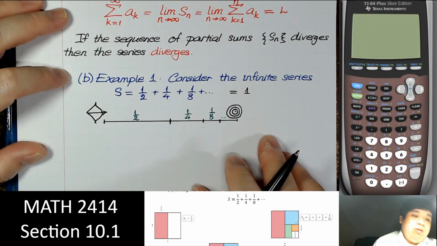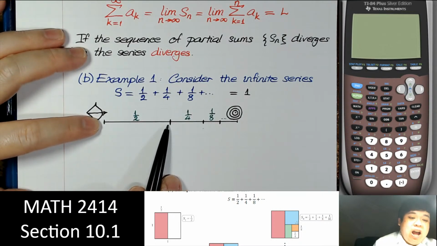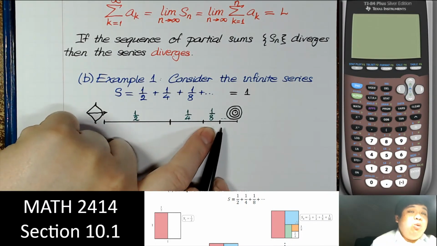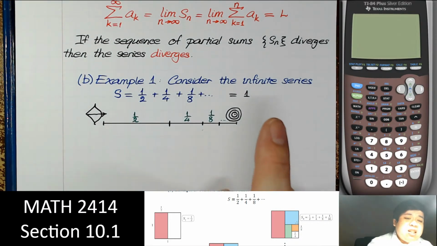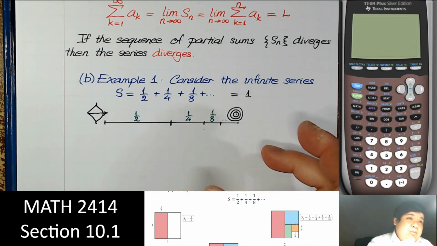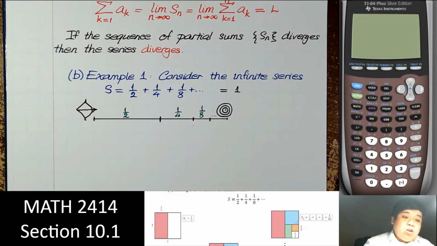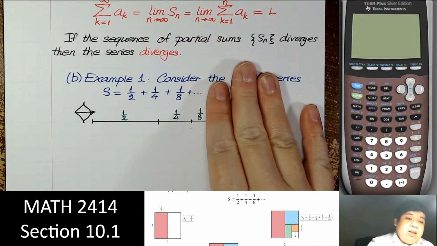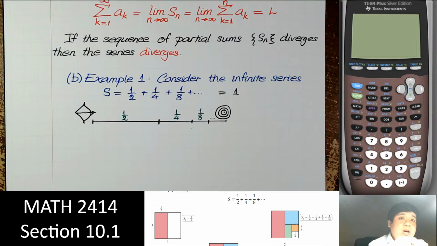By this reasoning, right? Shoot an arrow to a target. At first it travels half the distance, and then half of the remaining distance, and then half the remaining distance. By the way, Zeno, the ancient Greek philosopher, said that this will not add up to 1, because no matter how small the number is, we can always cut that in half.